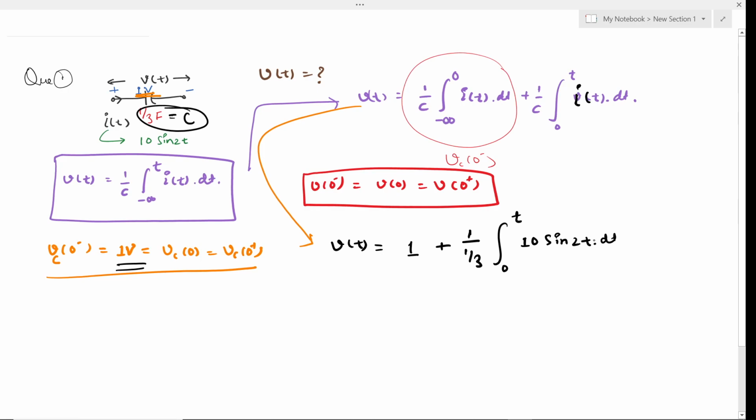So v(t) will be 1 plus 3, and if we take the 10 outside, it will be 10 times the integral from 0 to t of sine 2t dt.